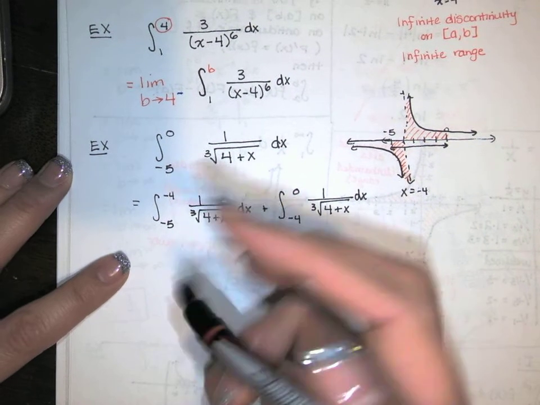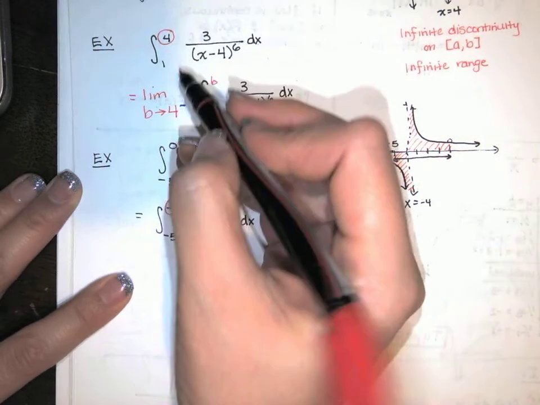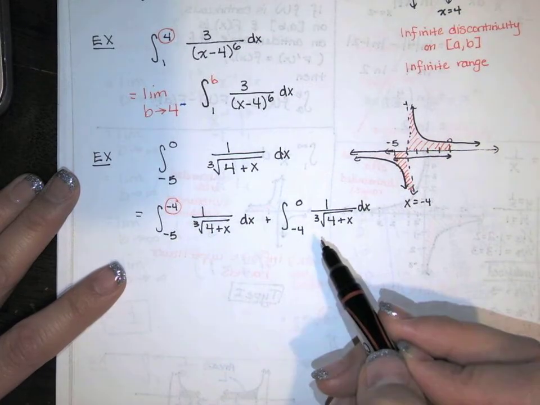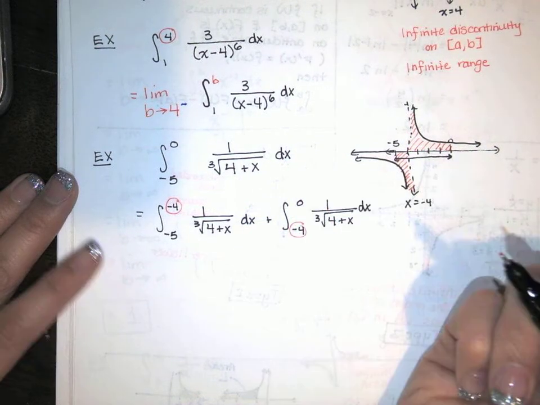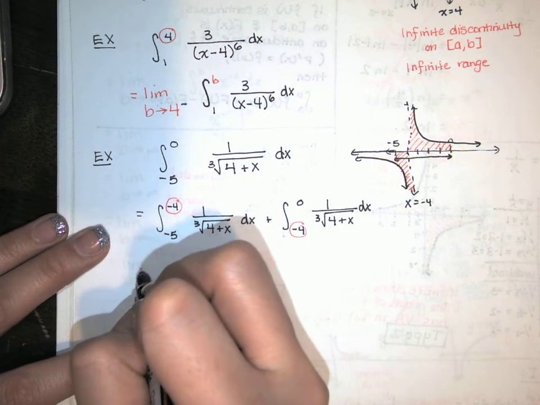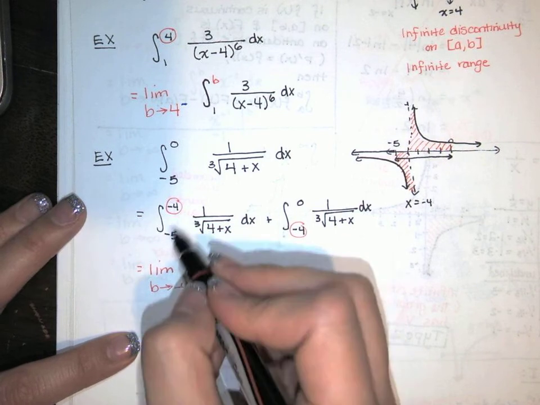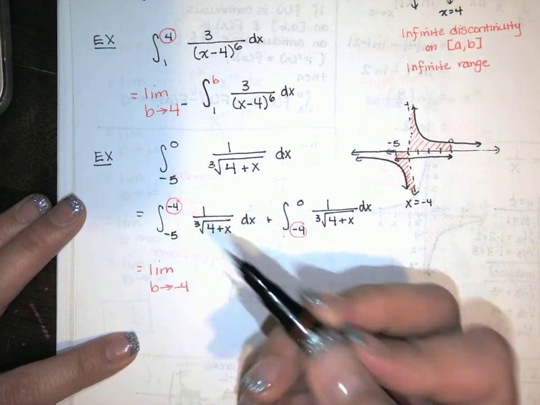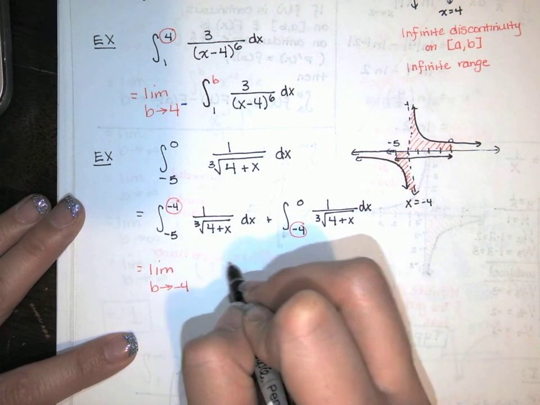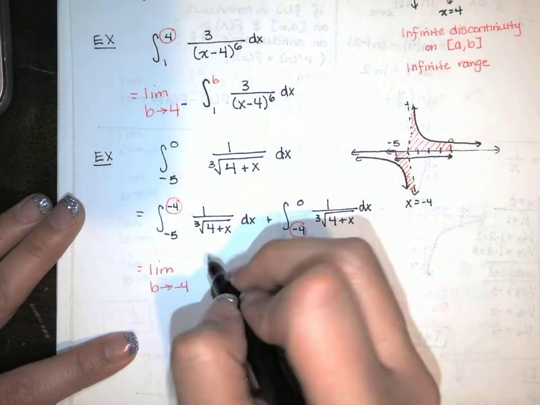Now this one, the problem is at the upper limit, just like on the last problem. And on this one, the problem is at the lower limit. Since the problem is at the upper limit here, we're going to let b go to -4. And whenever we're approaching the upper limit, we're going to approach from the left. Leave everything else exactly the same.